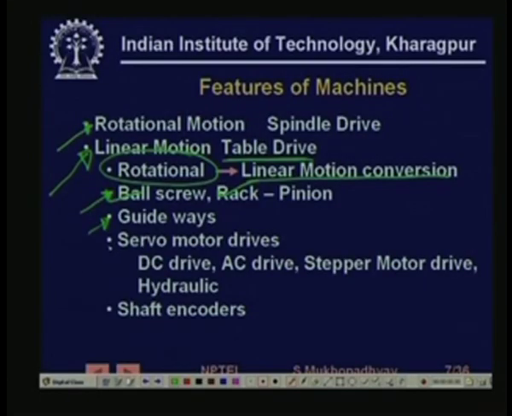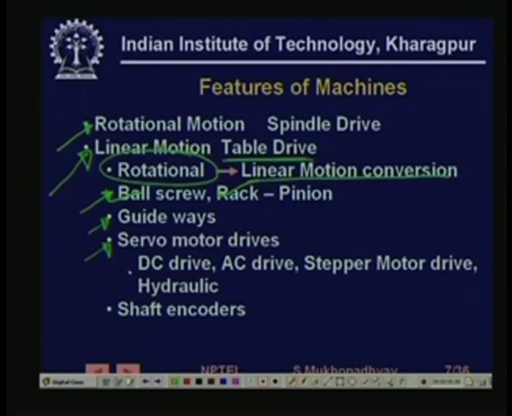drive is provided. These drives are generally servo motor drives, because you need precise motion control and good transient response, because position control is required.